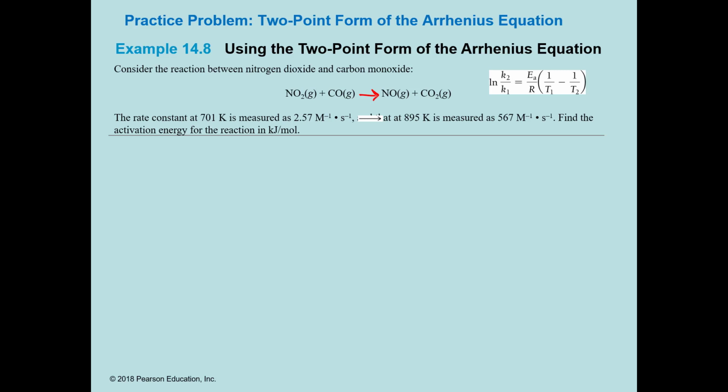The rate constant at 701 Kelvin is 2.57 M^-1 s^-1, and at 895 Kelvin it is 567 M^-1 s^-1. And it wants us to find the E sub A for this reaction.